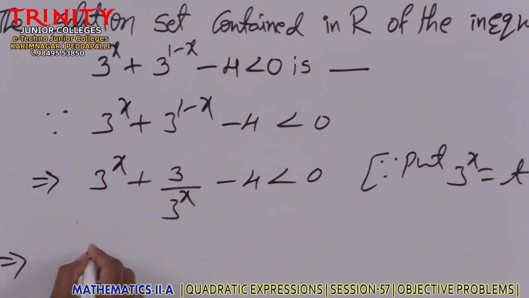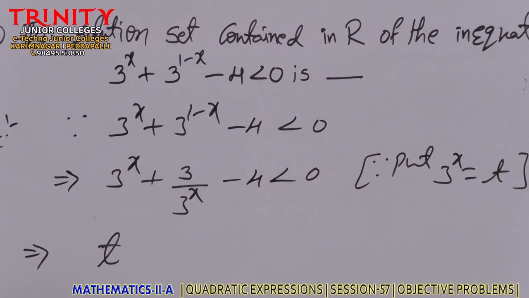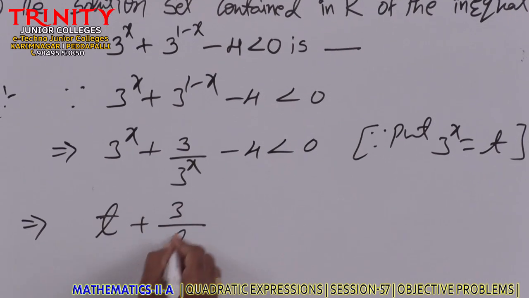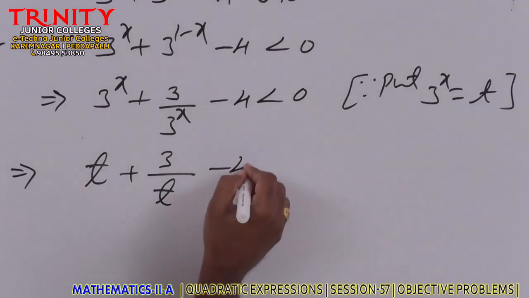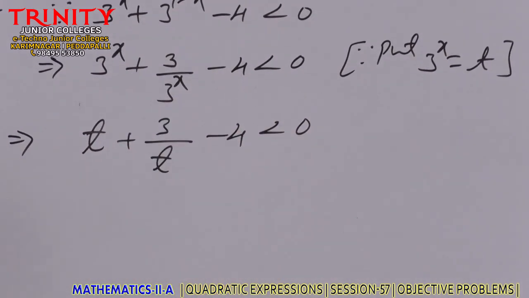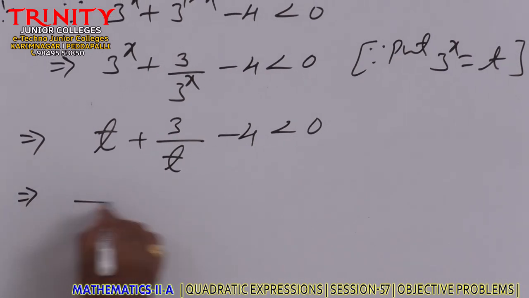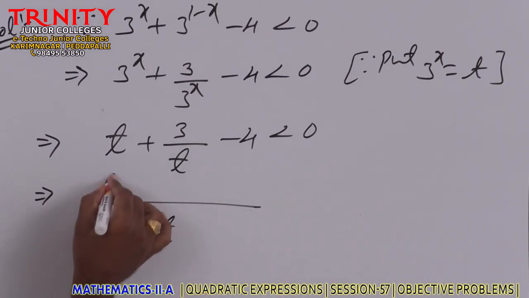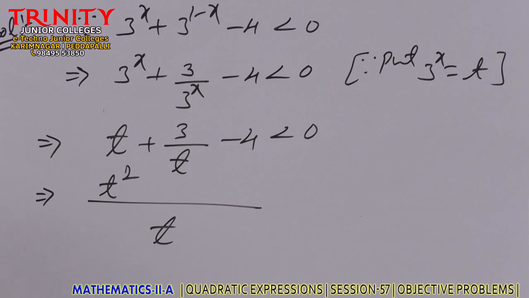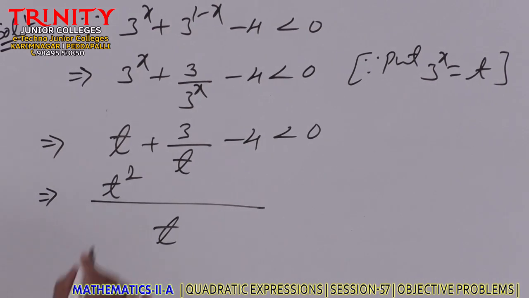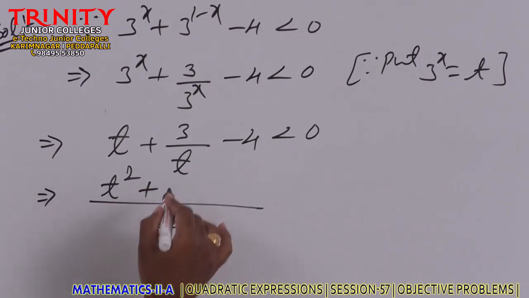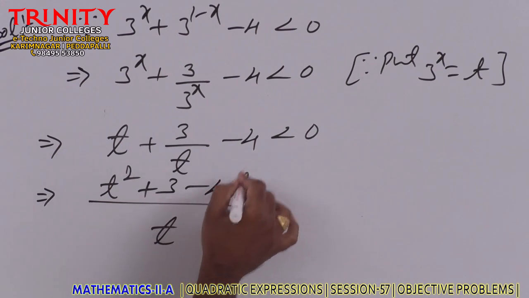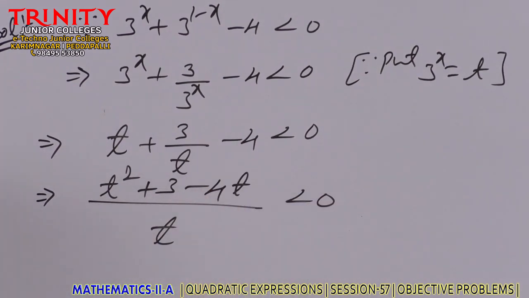Now this one changes to t plus 3 by t minus 4 is less than 0. Go for LCM: t square plus 3 minus 4t over t is less than 0.